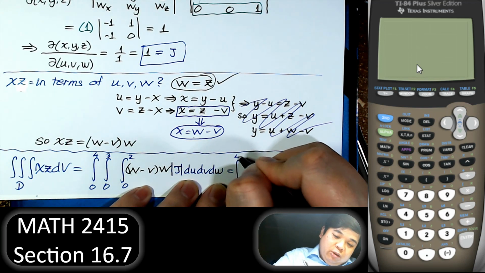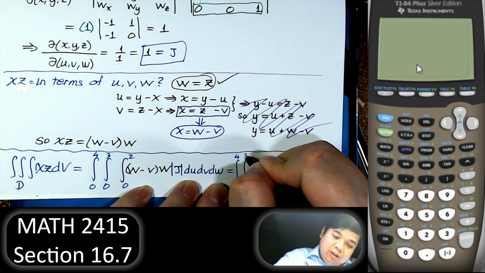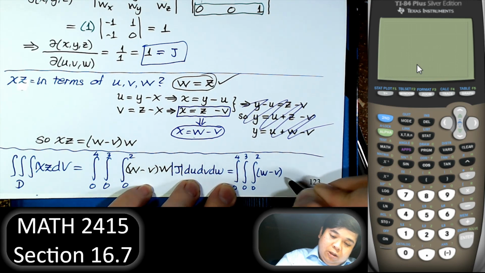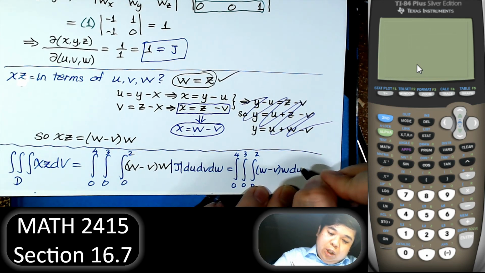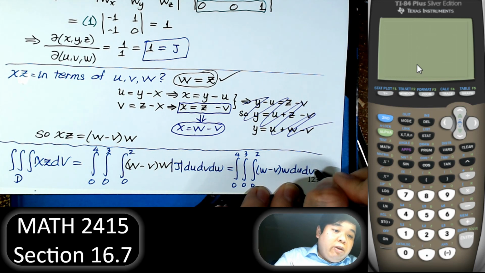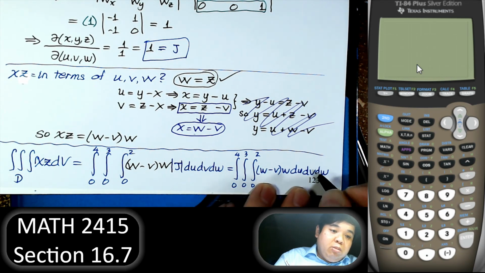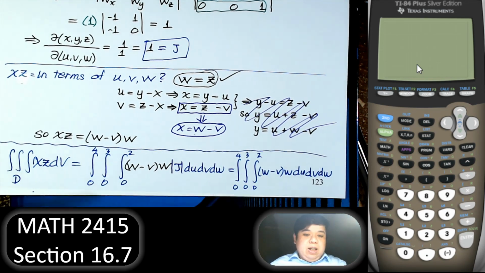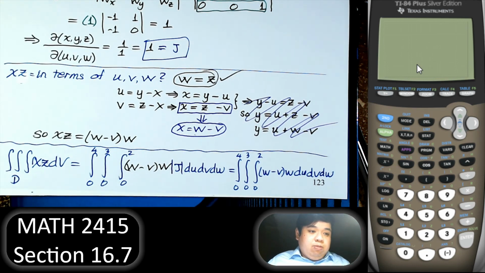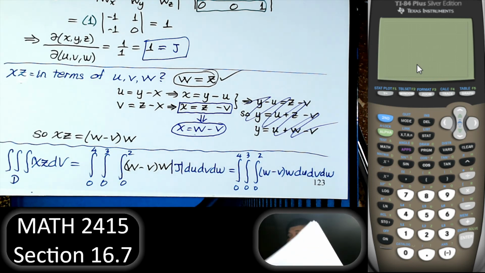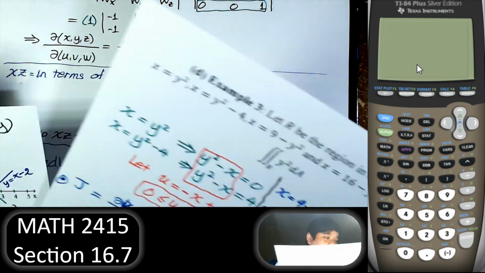So bottom line is we just need to evaluate this integral. u between 0 and 2, v between 0 and 3, and w between 0 and 4. Right. So that is a lot easier to do than the original one. We only need to set up the integral. We don't need to evaluate. So that's what we have, the change of variable.